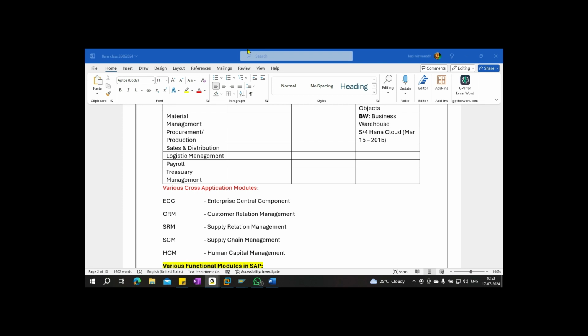CRM, Customer Relation Management. SRM, Supply Relation Management.